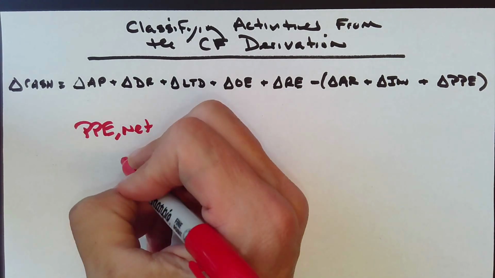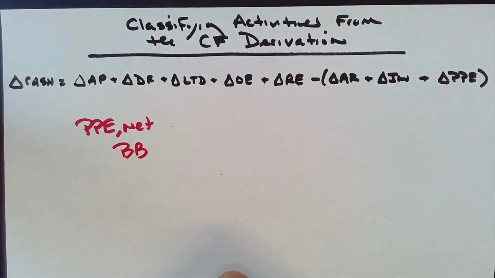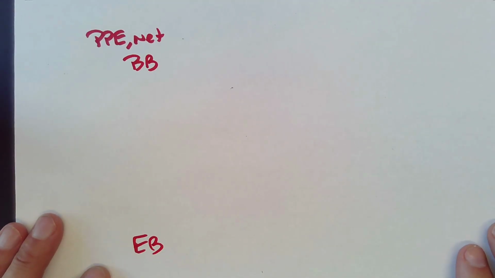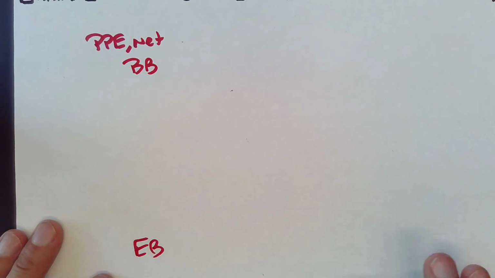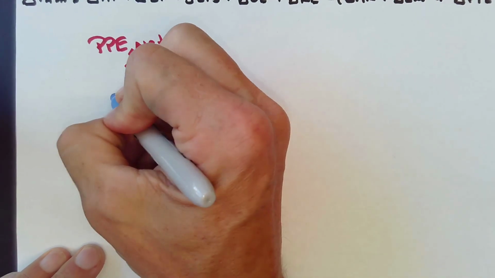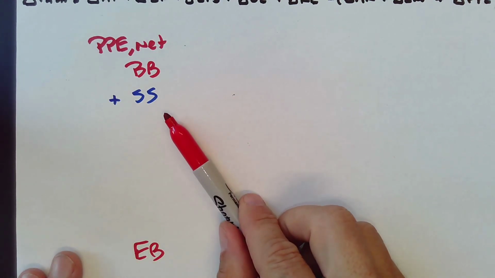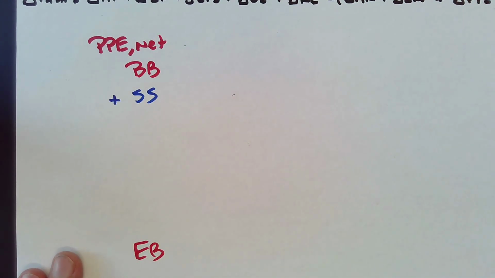So, we've got our beginning balance, and we've got our ending balance. And now we want to find out what is going to make PP&E increase, right? So plus some stuff. What do we think?